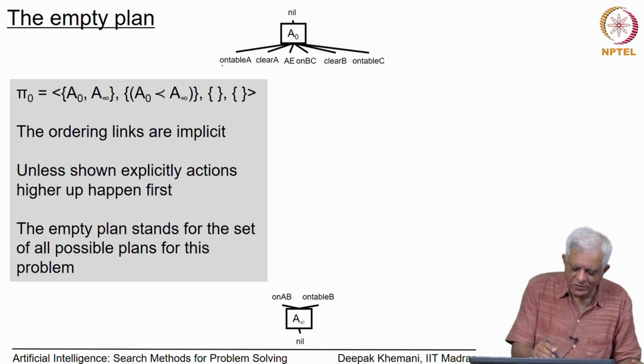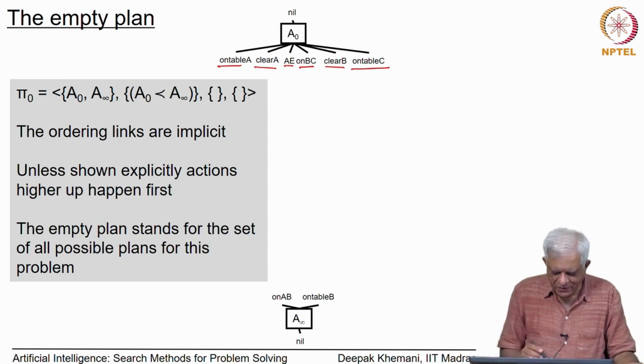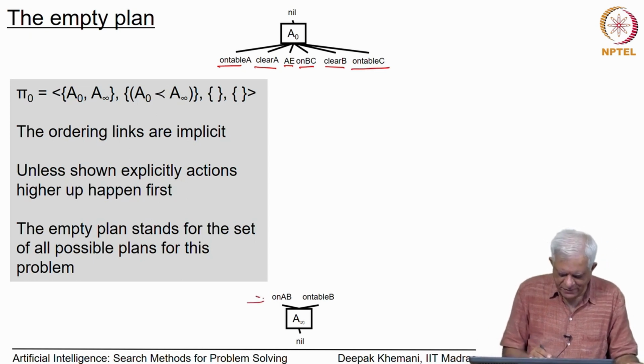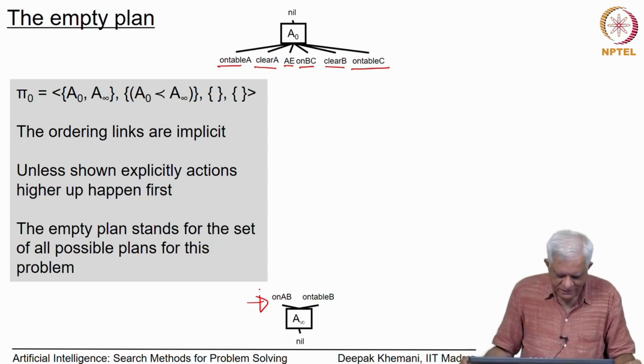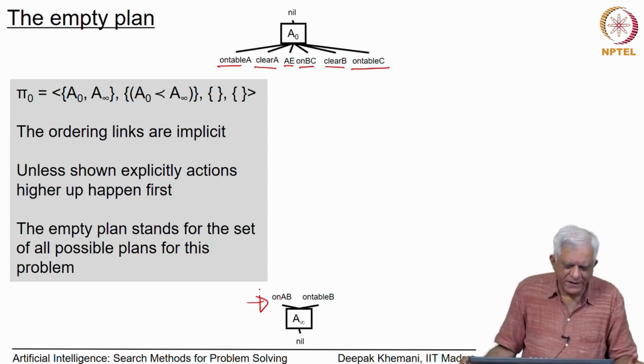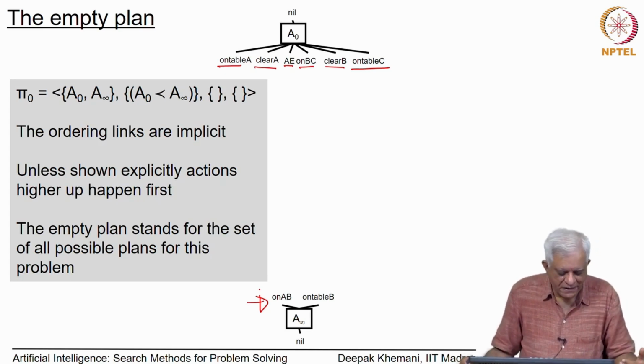So, as you can see, the start predicates are the effects of the start action A0, and the goal predicates have been consumed by, or will be consumed by, the last action A infinity. The plan, as we said before, is A0, A infinity, with an ordering link which we are not showing here, just so that the diagram does not get cluttered up.